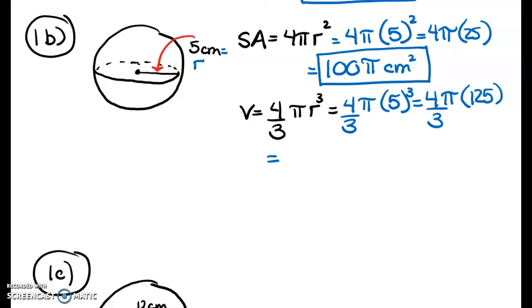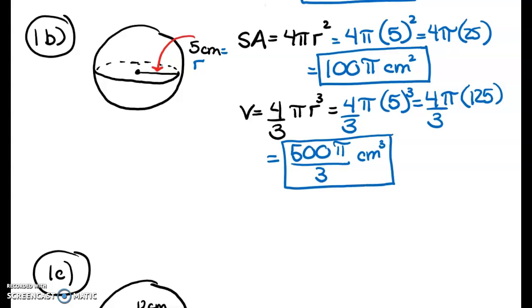If you can't do that or you don't want to, go ahead and break your calculator out. But 4 times 125 is 500 pi divided by 3. I know 3 doesn't go into 500 because when I add up the 5, the 0, and the 0, I get 5. 5 is not divisible by 3. So my dimensions were in centimeters, and for volume, they are cubed.